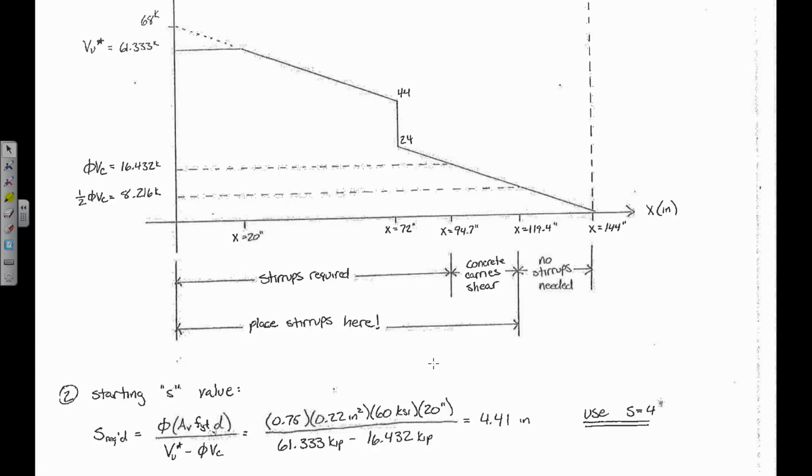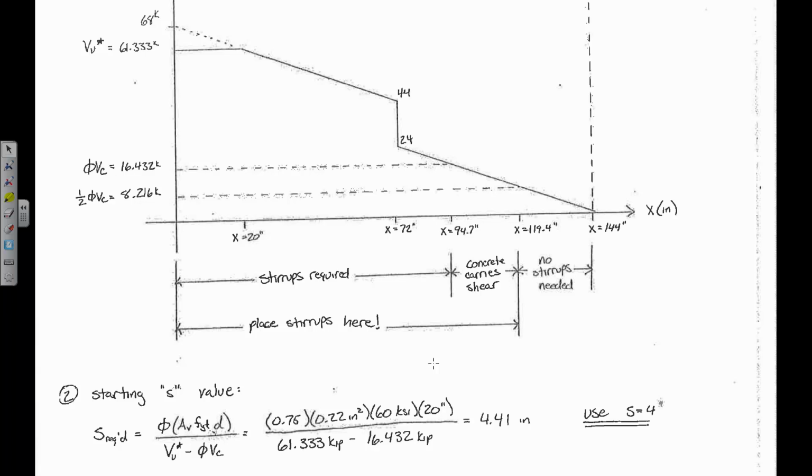I'm going to have one stirrup at 2 inches, some number of increments at 4 inches, and then some number of increments at S max, right? And that's going to be how I determine my stirrup layout so far, right? That's if I only use 4 inches and S max. Is everybody okay with that? Or am I going too fast?